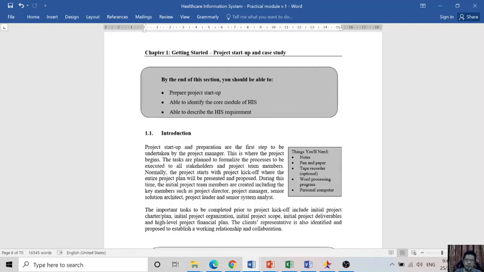We go back to the contents of chapter 1 of the first lab.